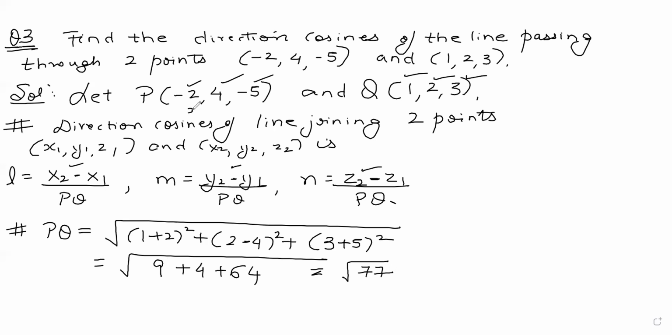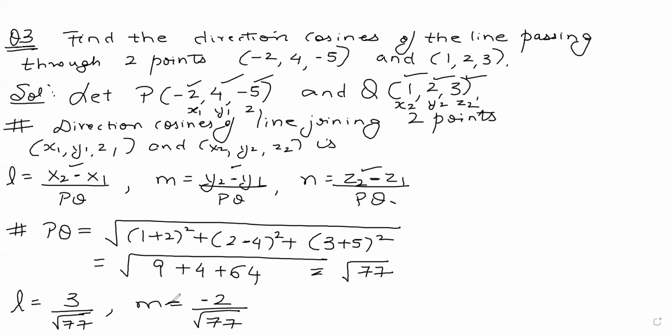Okay, now this is x1, this is y1, this is z1, this is x2, y2 and z2. So what will my L be? x2 minus x1, that means 1 minus of minus 2, 3 upon PQ, which is root 77. M will be y2 minus y1, that means 2 minus 4, minus 2 upon square root of 77, and N will be z2 minus z1, that means 3 minus of minus 5, 8 upon the square root of 77.